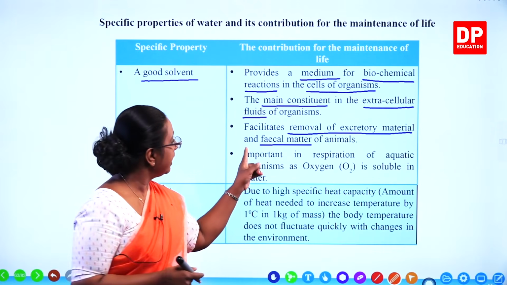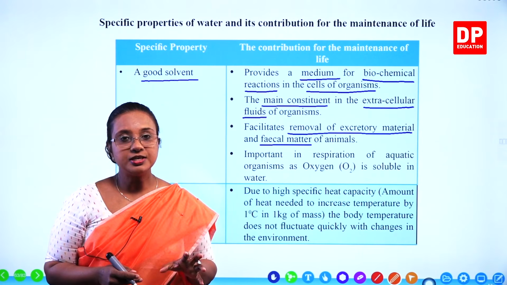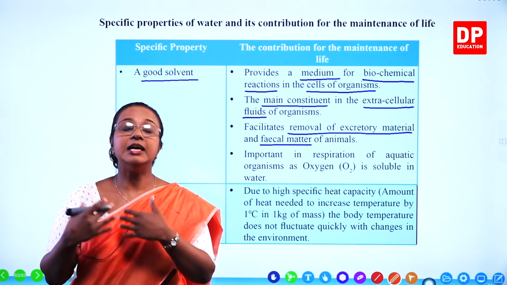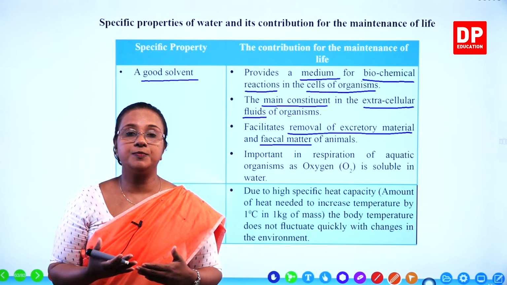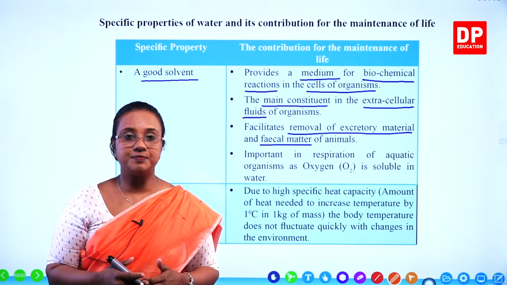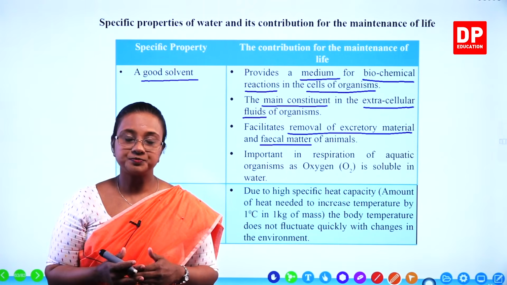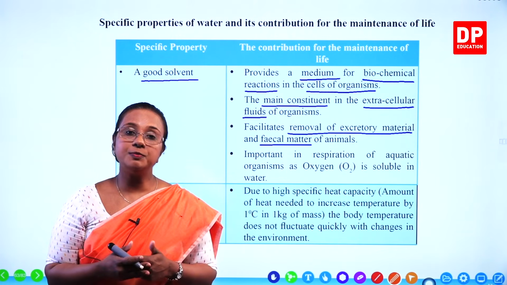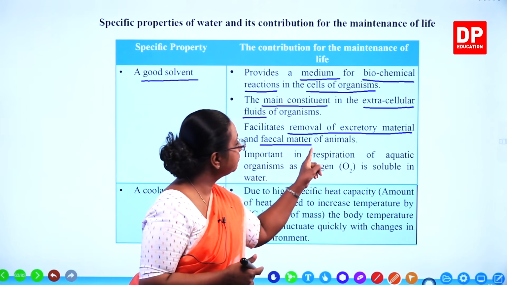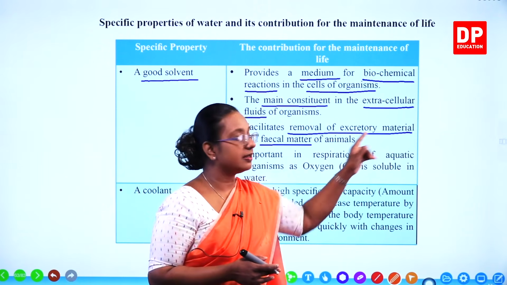That is one. Then we have the fecal matter of animals. As you know, students, animals consume food. They need to get their energy by consuming food. So, this food gets digested within the digestive system. But there are some parts of the food that do not digest. These undigested food particles along with other chemical substances are known as fecal matter. This fecal matter is not an excretory material.